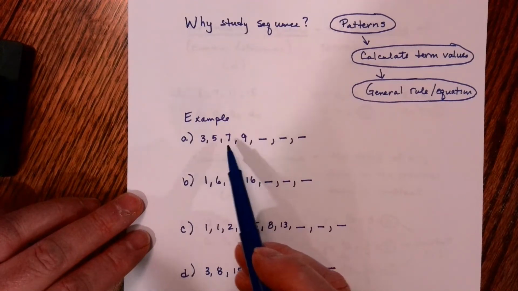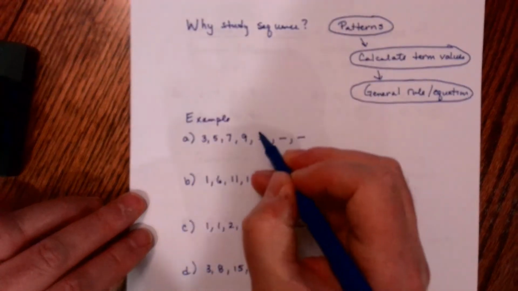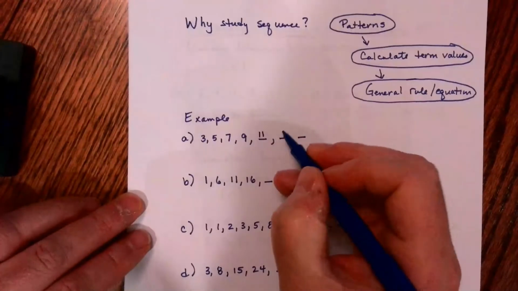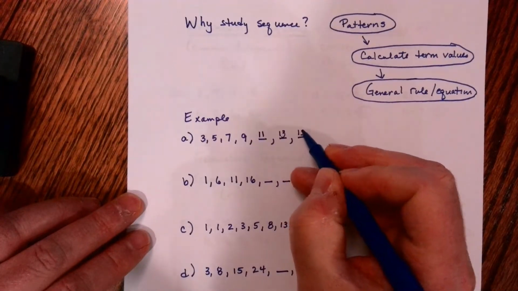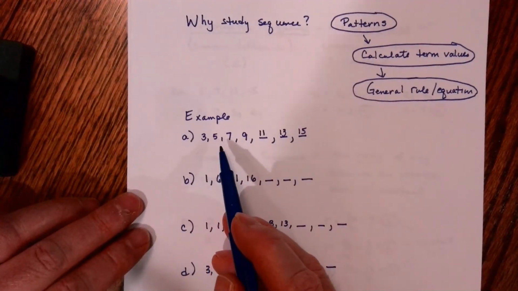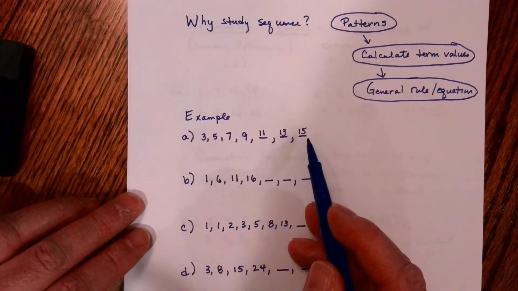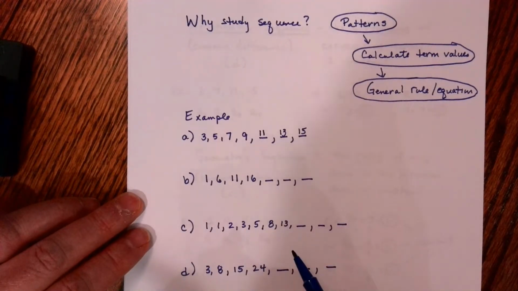So if we increase 2 or add 2 to the 9, we get 11. And then we add 2 more, we get 13. And then if we add 2 more, we get 15. So by identifying the pattern between the numbers, we're able to extend this sequence and predict pretty reasonably what we think the values are going to be.